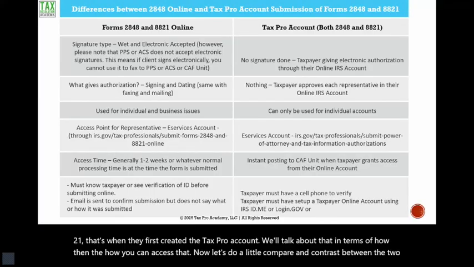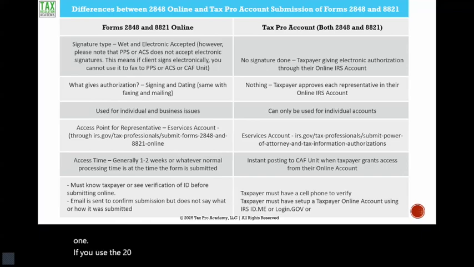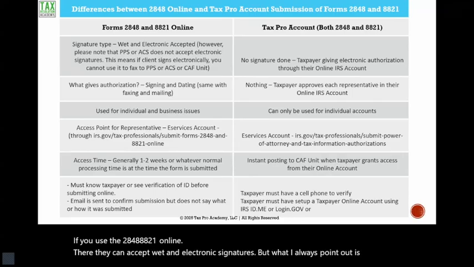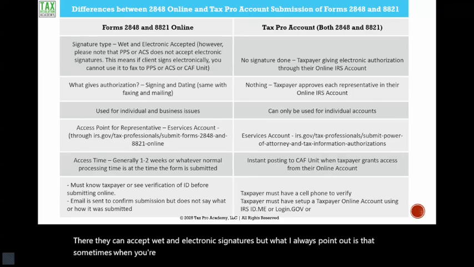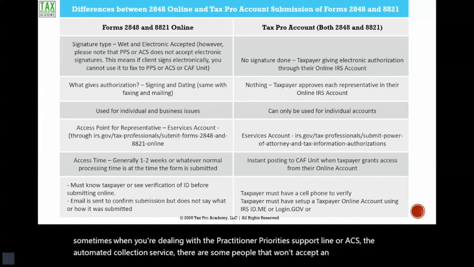One, if you use the 2848 8821 online, they can accept wet and electronic signatures. But what I always point out is that sometimes when you're dealing with PPS, the Practitioner Priority Service line, or ACS, the Automated Collection Service, there are some people that won't accept an electronic signature.